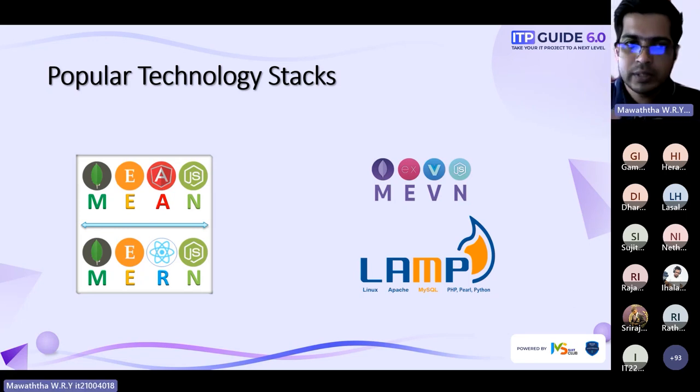All three stacks use MongoDB as their database, and for the backend and REST API development, they're using Express.js and Node.js. What differs them from each other is what they're using for the front-end development. In the MEAN stack, they are using AngularJS, in the MERN stack, they are using React.js, and in the MEVN stack, they are using Vue.js.